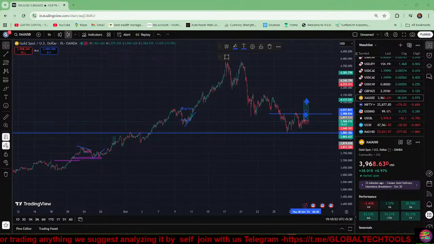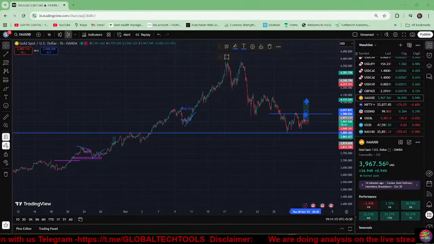This is the retracement that we are anticipating for the Fibonacci to happen to either the 50, the 32.8, or the 23.6. And then we will then have the push to the 161.8 as our take profit.